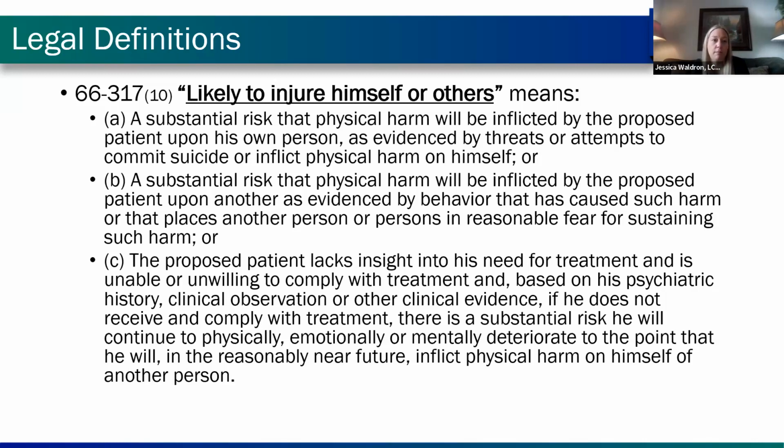The second B is looking at a substantial risk that physical harm will be inflicted by the patient upon another, as evidenced by behavior that's caused such harm or that places another person or persons in reasonable fear for sustaining such harm. So that leaves a lot of area for interpretation, I think, in the sense of causes another person reasonable fear.